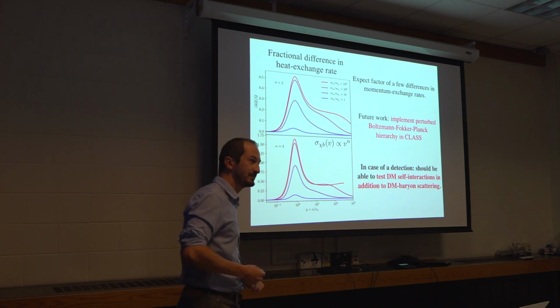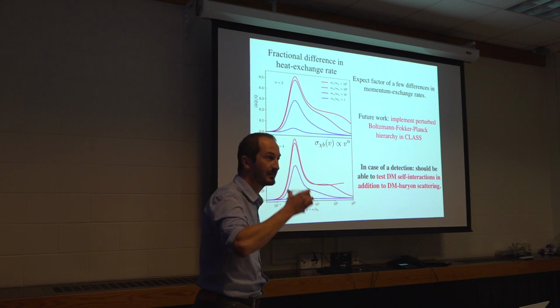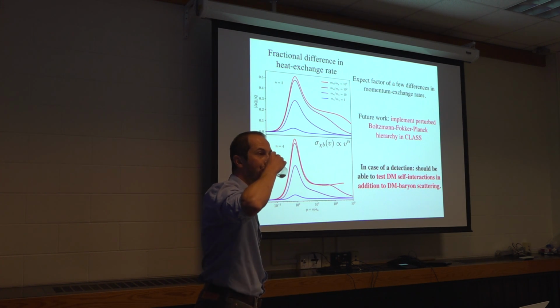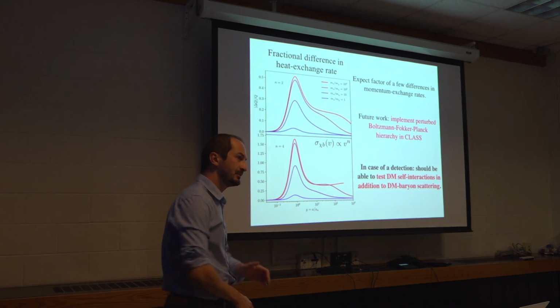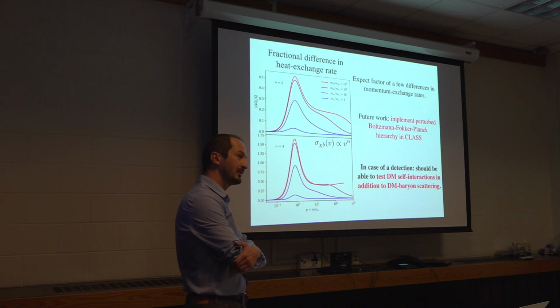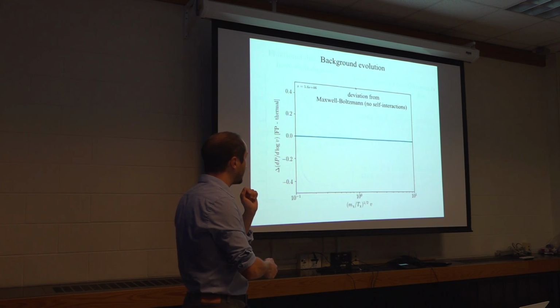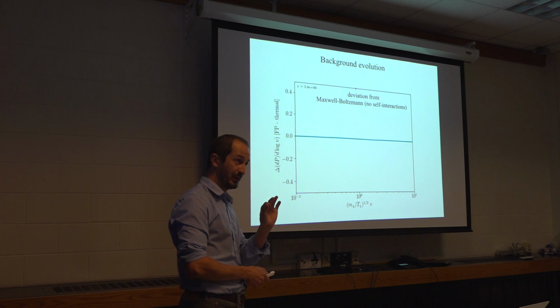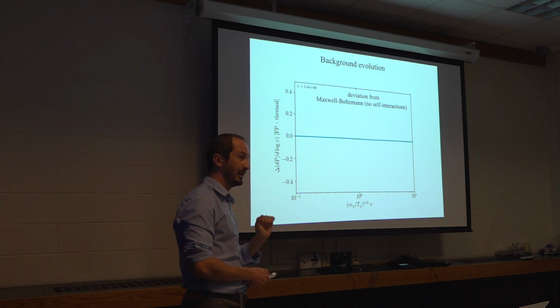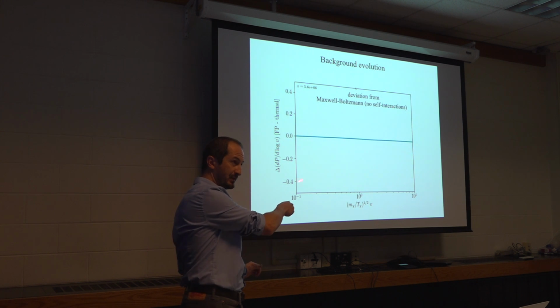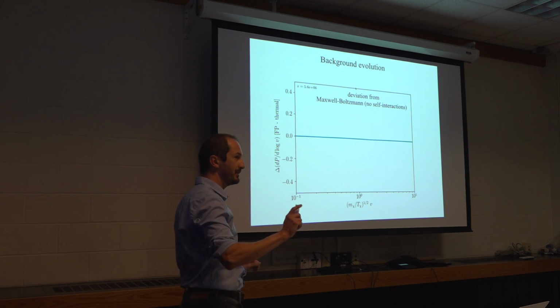Yes? At what frequencies will the distortions be maximum? In other words, are these the ones where the CMB people are working on much lower frequencies? So you're talking about distortions to the photon, the spectral distortions. Maybe I should clarify.